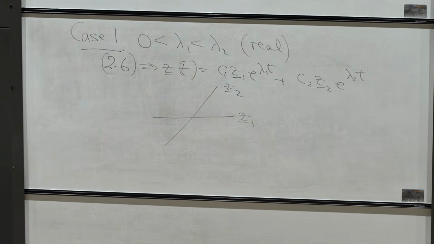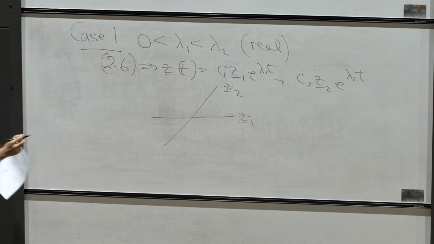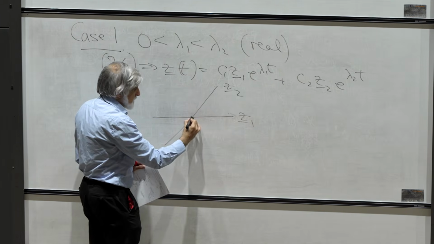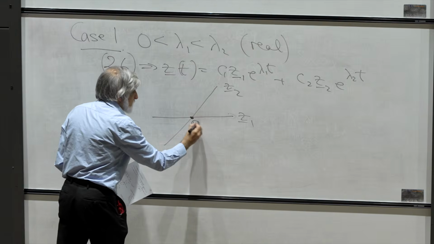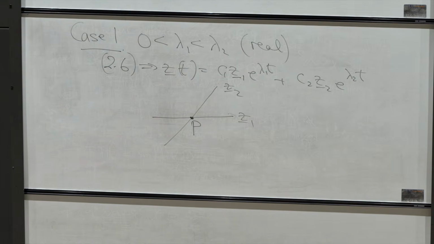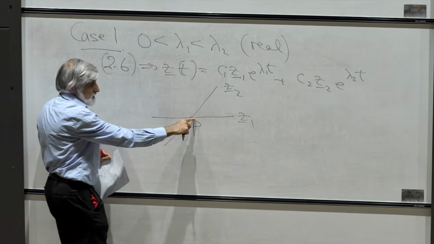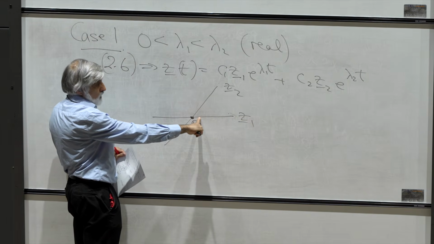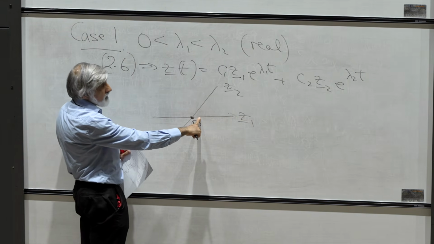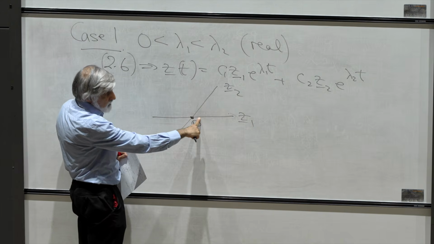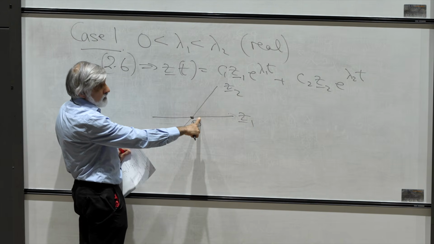Okay, so suppose I started off, and this is my steady state, or my critical point P. So suppose I made a perturbation to here. In other words, I took C1 to be something non-zero, and I took C2 to be 0.